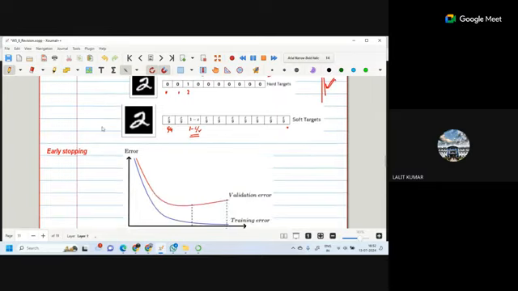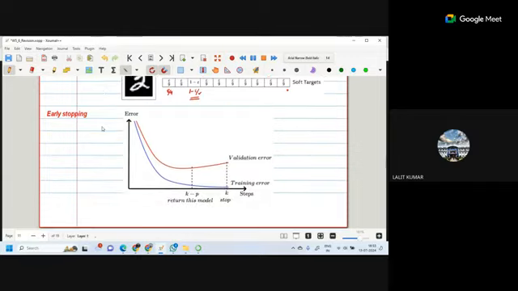Early stopping is a very useful technique which is used widely in most neural networks, and this is also a regularization technique. How does it take place? We have a training error, and we are also measuring the validation error.